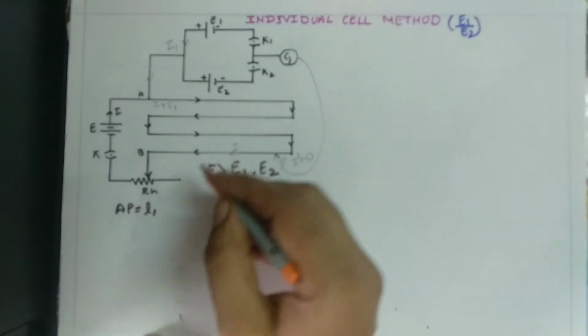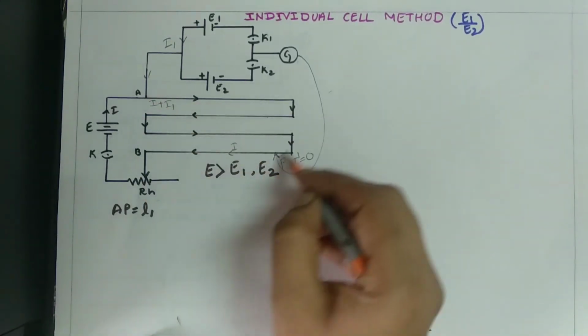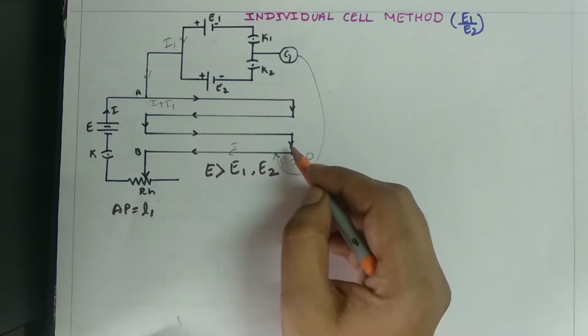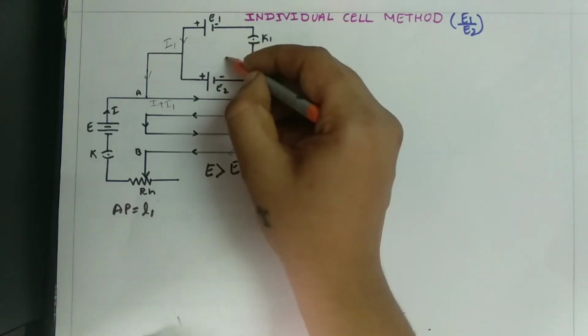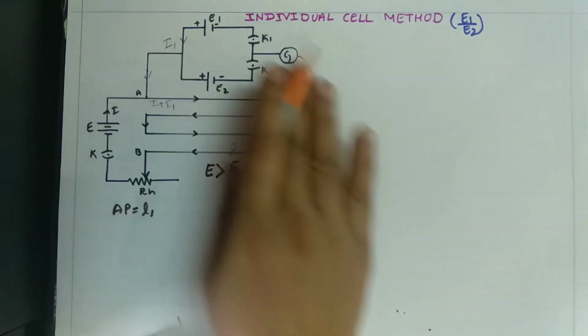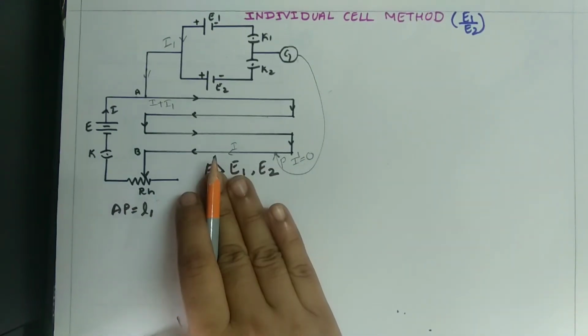That's why in that case the potentiometer acts as an ideal voltmeter, when there is no current drawn from the external system. In that case, this system acts as an open system.